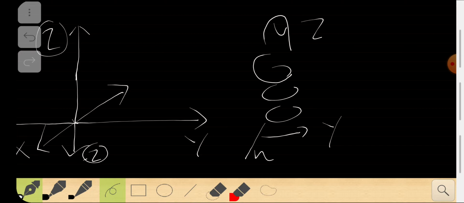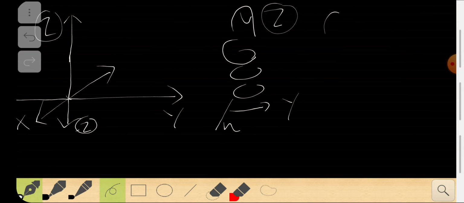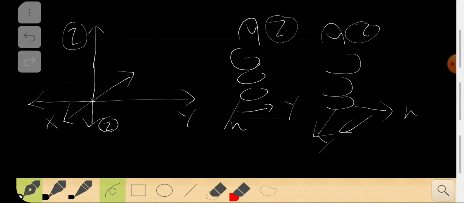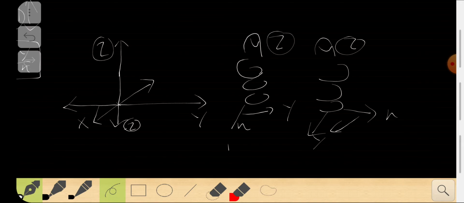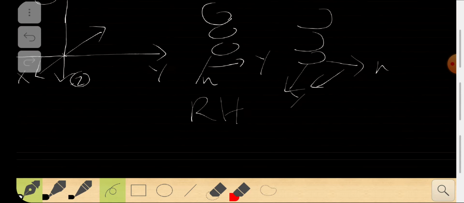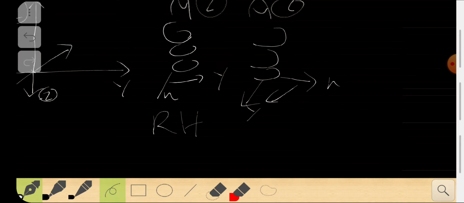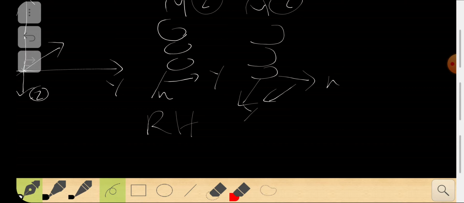If it's a left-handed coordinate system, the fingers will be curled around in the other direction, so x is directed to y, and in that case z will be in this direction. That's how you differentiate between the right-handed and left-handed coordinate systems. You must always use the right-handed coordinate system. That is the only place where x cross y is equal to z. In the cross product, which I will explain, you don't need to worry about that. In the left-handed coordinate system, it is not the case.